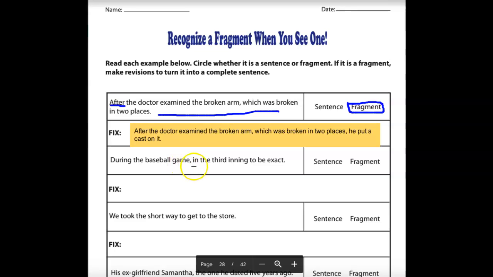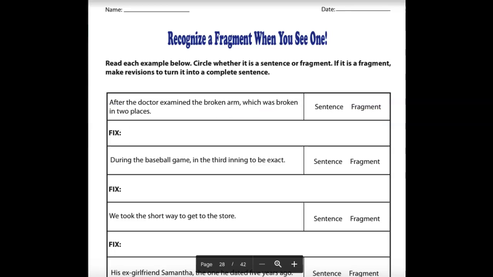During the baseball game, in the third inning to be exact, again, what happened during the 3rd inning? It doesn't tell you. This also is a complex sentence. It starts with "during." You can always go back. I'm going to take this off, even though you'll still keep it on your thing.